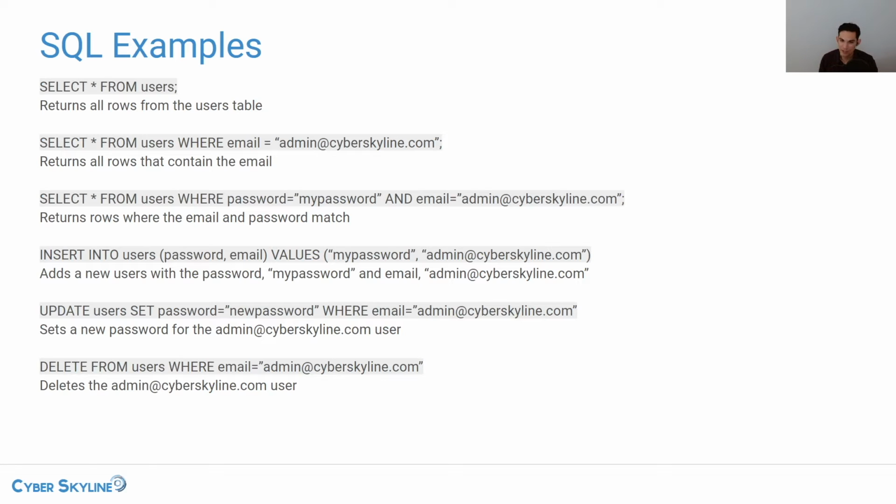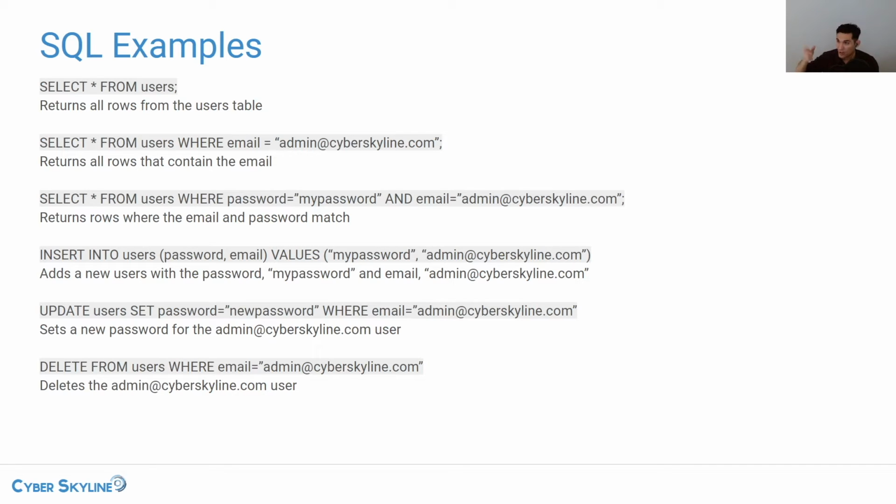Our next example here, we're doing an update. Specifically, we are setting a new password for the admin@cyberskyline.com user. So the way we'll do this is we'll use the update command and then the users table. And now we're saying set. So we're specifically setting values, and we're saying set the password column equal to new password.